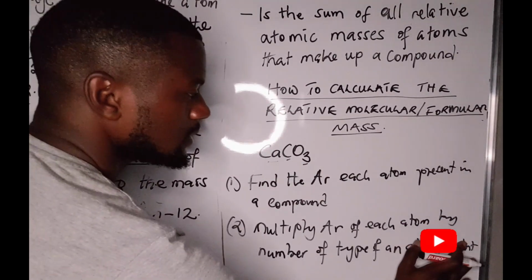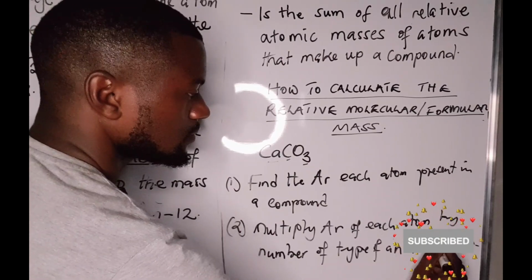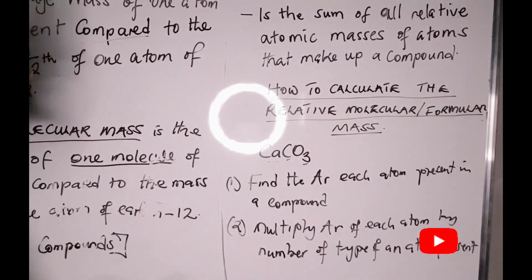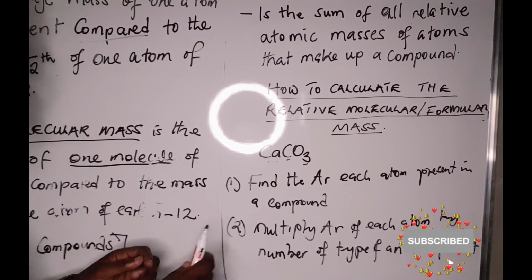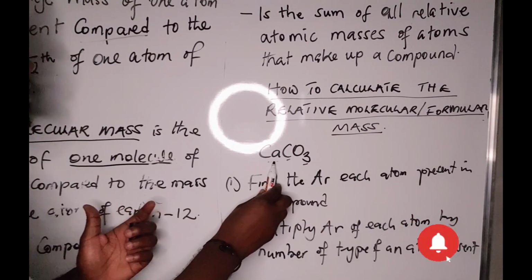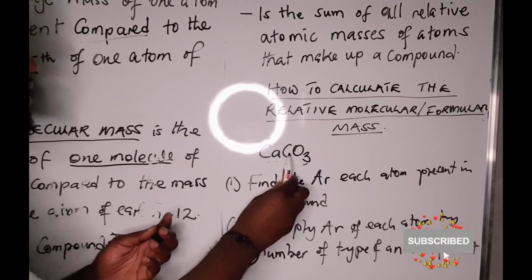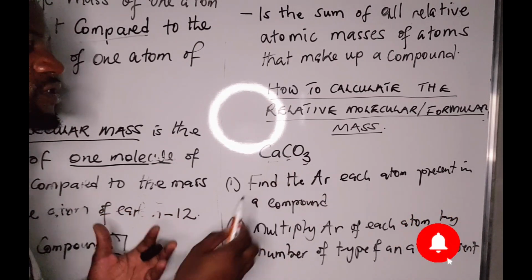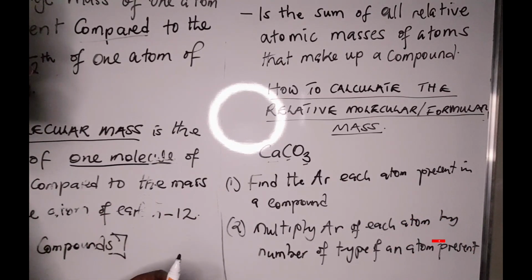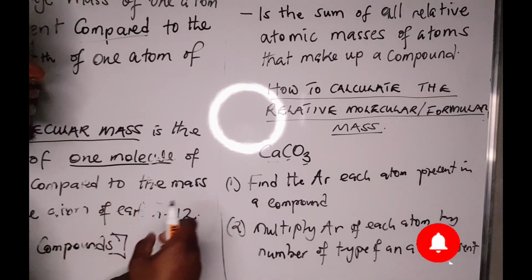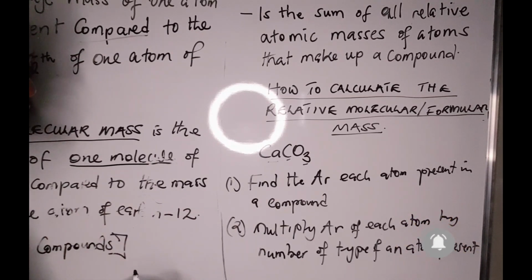In this case, we have to know how many calciums are in this compound, how many carbons are there, how many oxygens are there. If we know the actual number of that particular atom, then we multiply that number with the relative atomic mass.